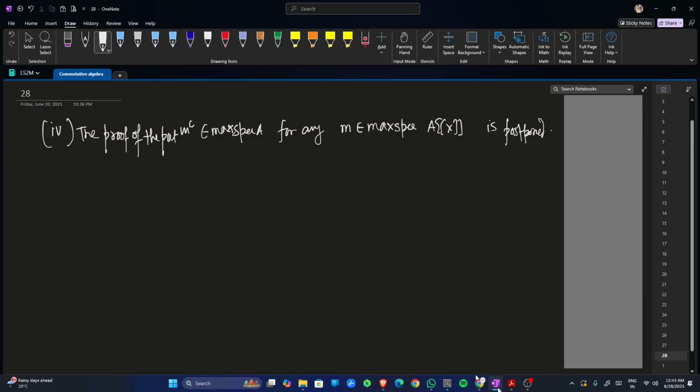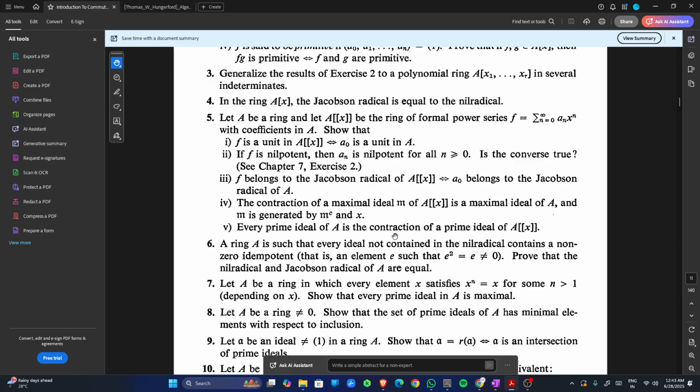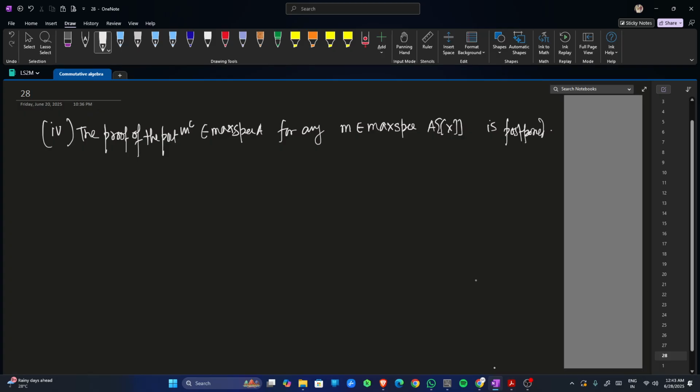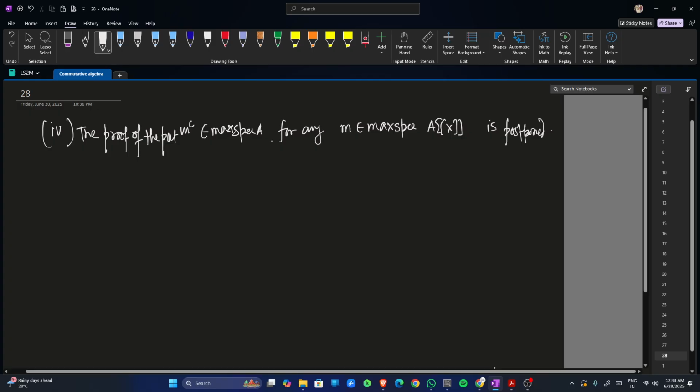Using that fact, if you look at the problem, Atiyah said that the contraction of a maximal ideal of the power series ring is a maximal ideal of A, and m is generated by m contraction and x. So using that, I am proving the second part. I cannot prove the first part, so I will postpone the proof and give it later. So right now I am proving the second part.